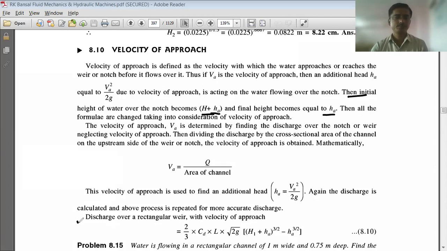Write this. Then discharge over rectangular weir with velocity of approach is given as capital Q is equal to 2/3 CD L under root of 2g in square bracket H1 plus HA bracket raised to 3/2 minus HA raised to 3/2.